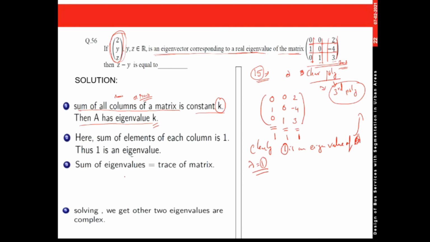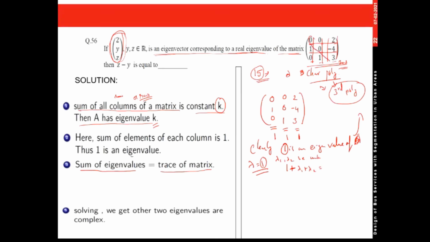Now I will just show you that it may not have any other real eigenvalues. We know that the sum of the eigenvalues is equal to the trace of the matrix. Let lambda 1 and lambda 2 be the unknown eigenvalues. So 1 plus lambda 1 plus lambda 2 is equal to the trace.